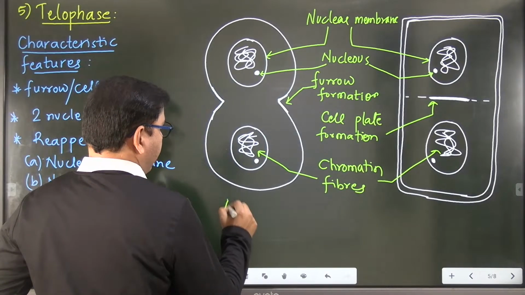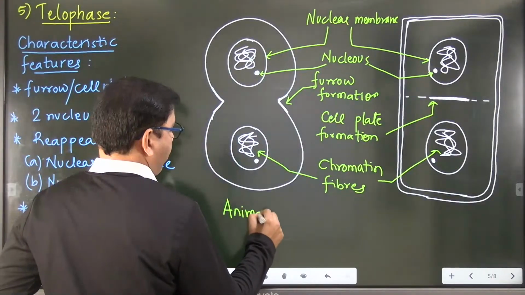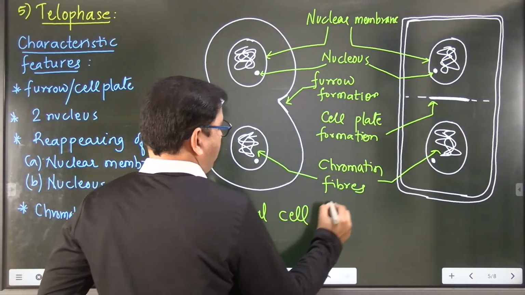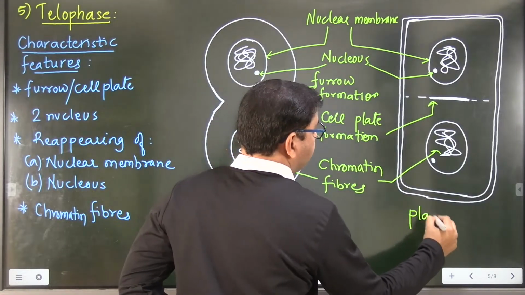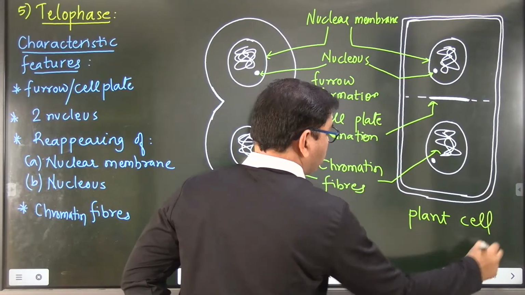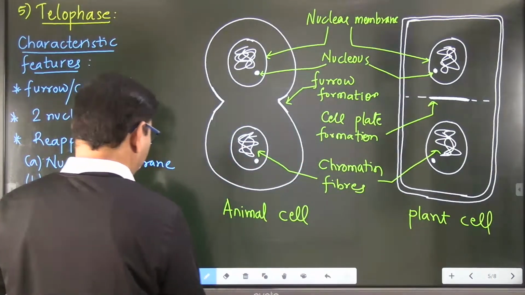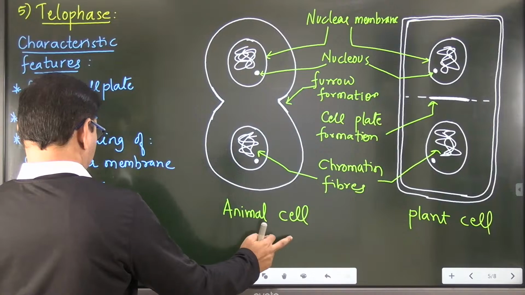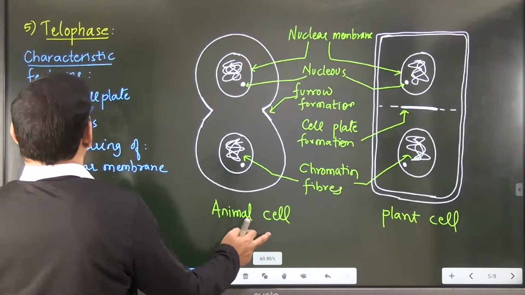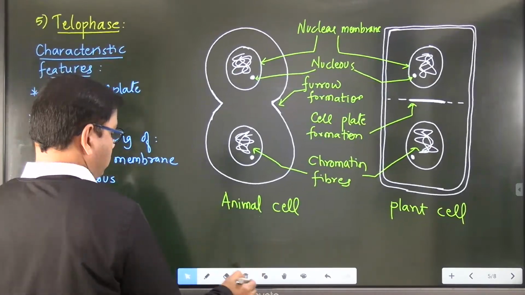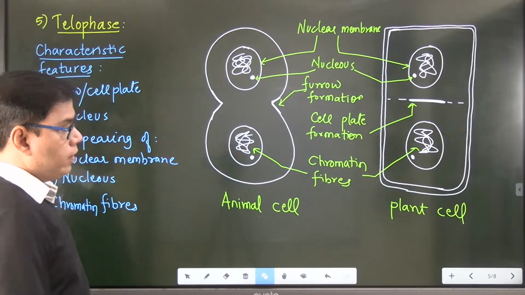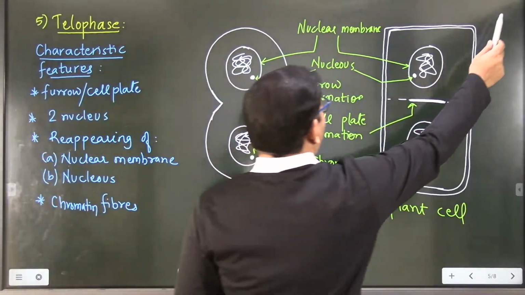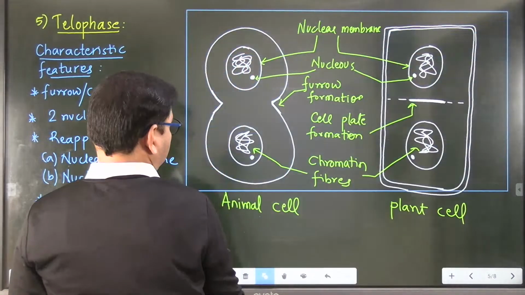Okay, this is the animal cell. And this one is the plant cell. In the examination, you may not be asked to draw both, only one of the two. But when we practice, we don't know what will be asked, so we are drawing both. Right? Are we missing out on anything? You can write in the comment box.